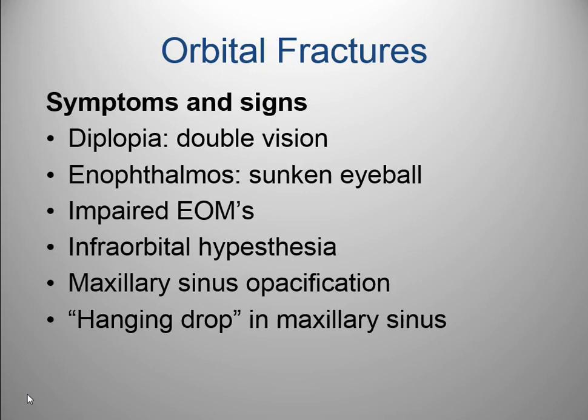So signs and symptoms of orbital fractures overall are double vision, sunken eyeballs, impaired movement, a hanging drop in the maxillary sinus, a lot of damage to the face overall.